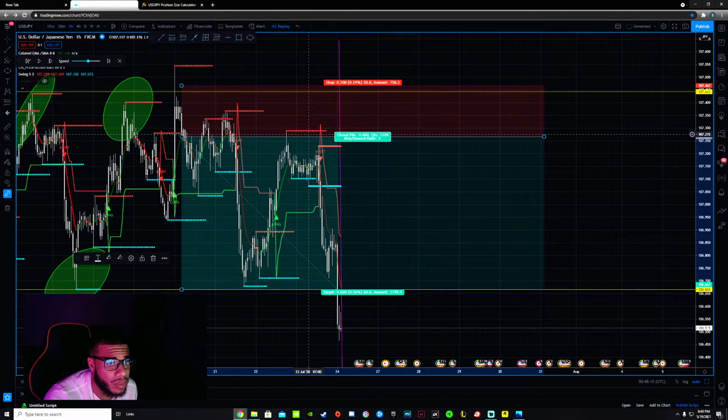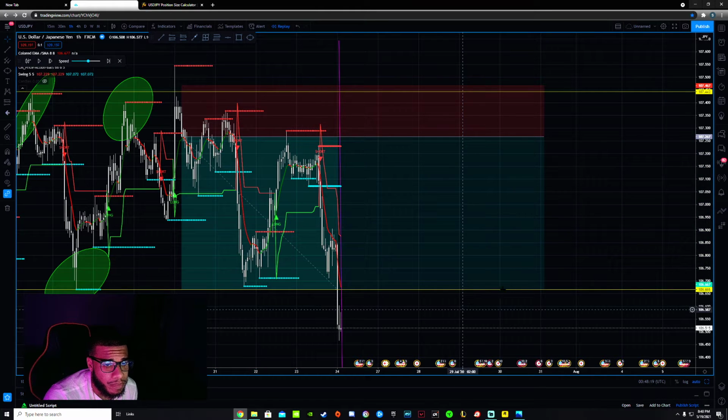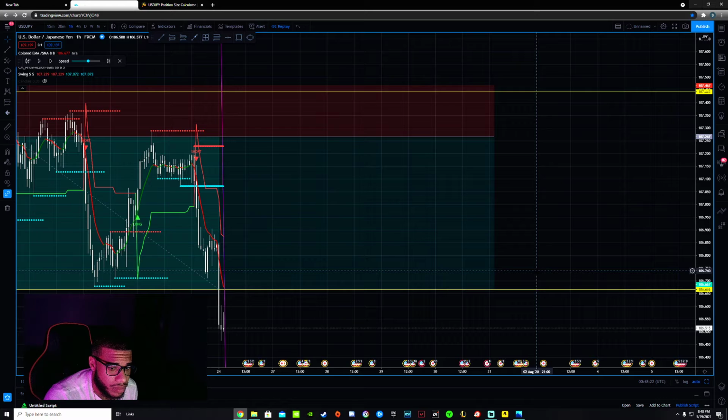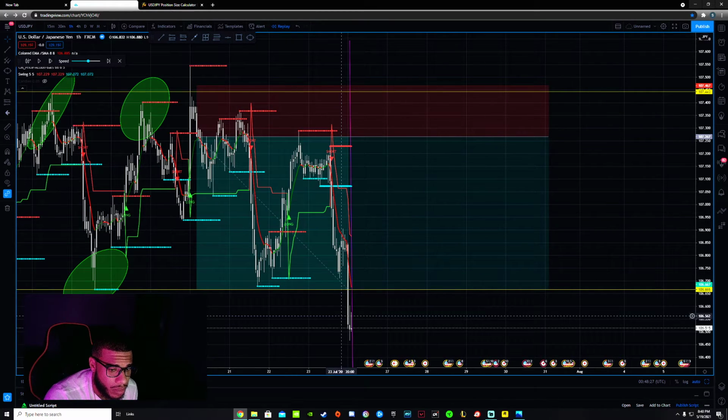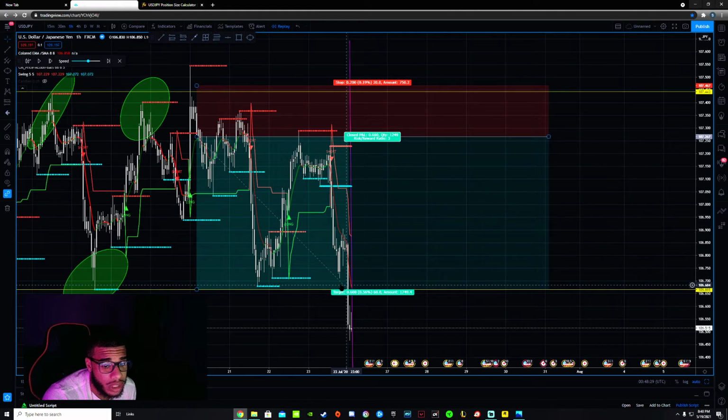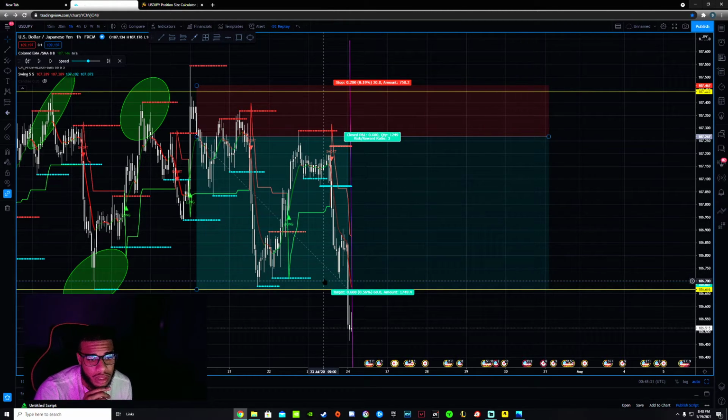Then you get stopped out because price didn't get up here. Price is now below, so the trade is done. Once it hits your take profit, it automatically closes out. That's basically trading in a nutshell.